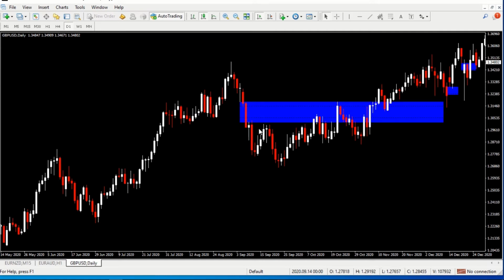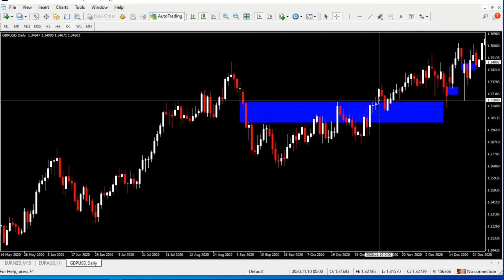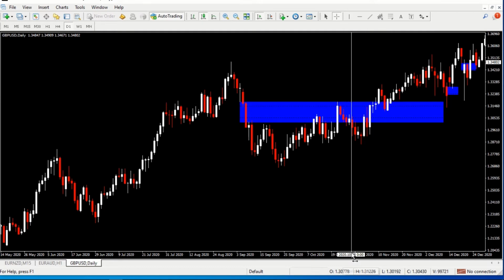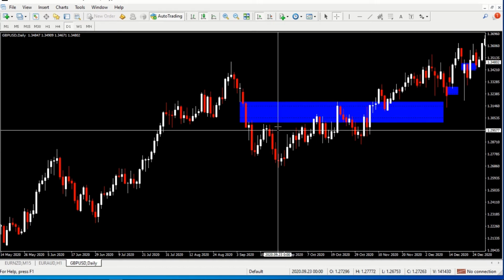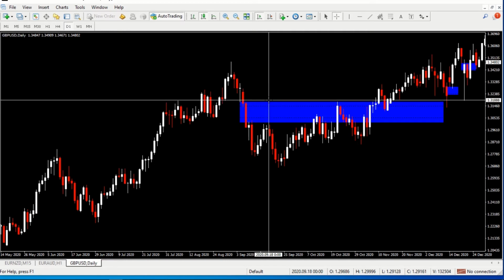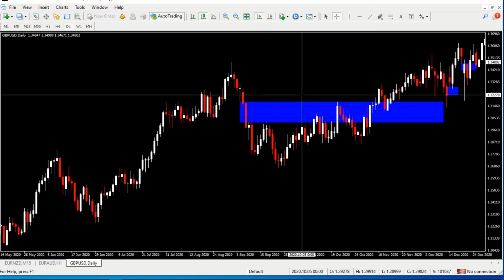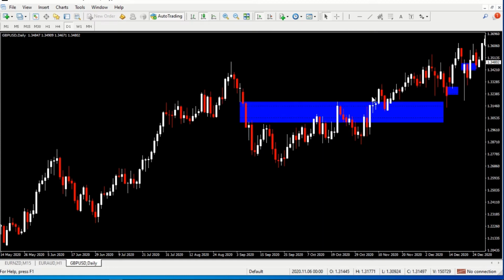So when we extend the zone, you could realize that in future it traded into the FVG and then filled it on 19th October 2020. That's it. So if you were to place your buy orders here, your TP could have been at the low, or where the FVG started from. So as you place your TP at that level, you would have made massive profits.